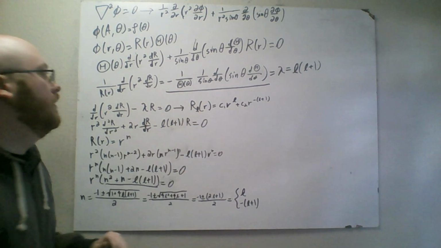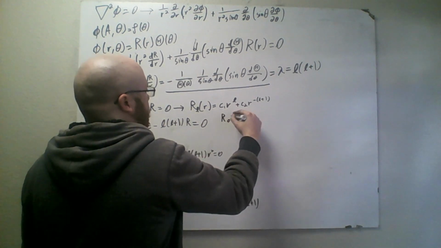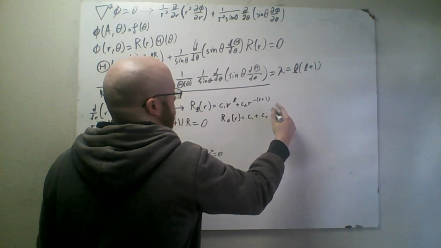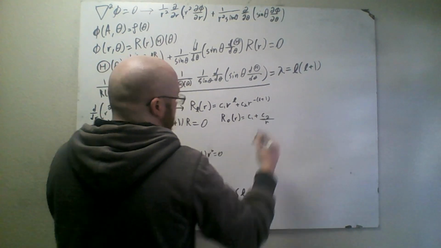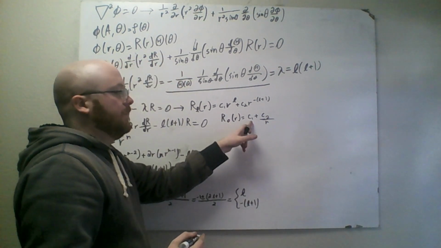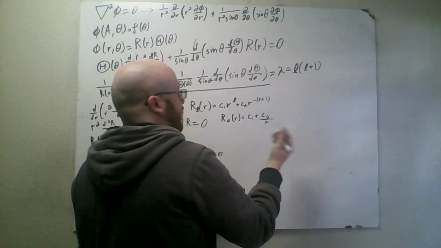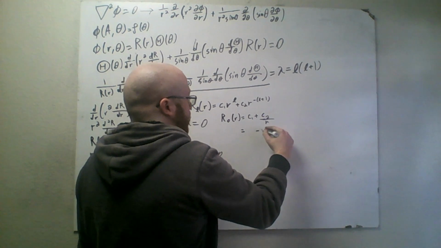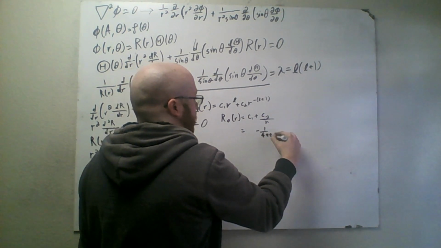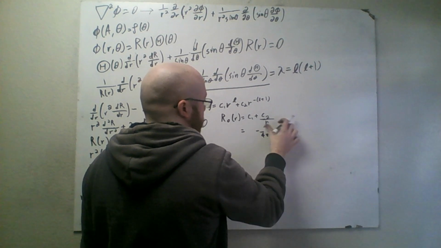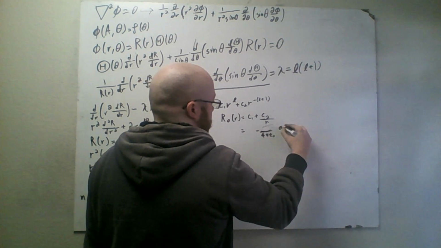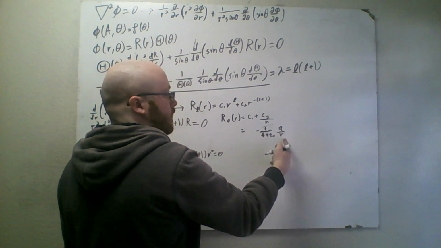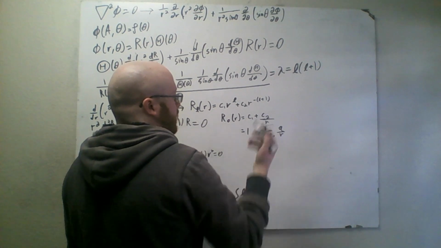If we let L equal 0, we get C1 plus C2 over r. If I plug in C2 equals 1 over 4 pi epsilon naught times Q, so Q over r, this is the Coulomb potential. And this other guy is just a constant, because we can always add a constant anyway.